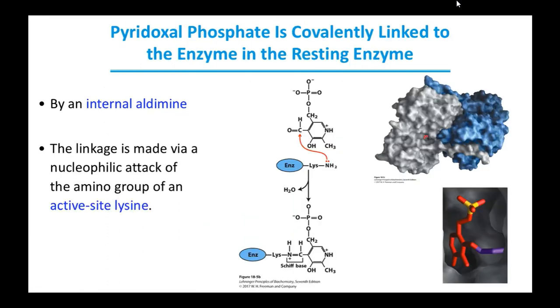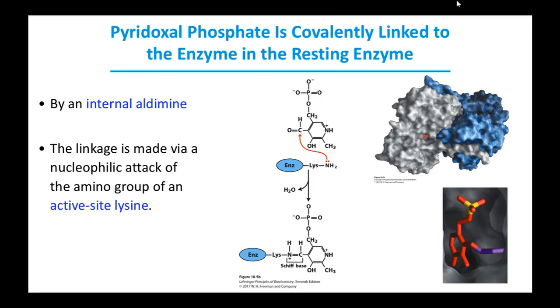So here we are. This is the lysine in an enzyme right here. It's a transaminase. That amine comes in, attacks the aldehyde group, and forms a Schiff base. This attack on the aldehyde group is just like the attack that forms a Schiff base in an aldolase reaction, where it comes in, releases water, and we end up forming a Schiff base.